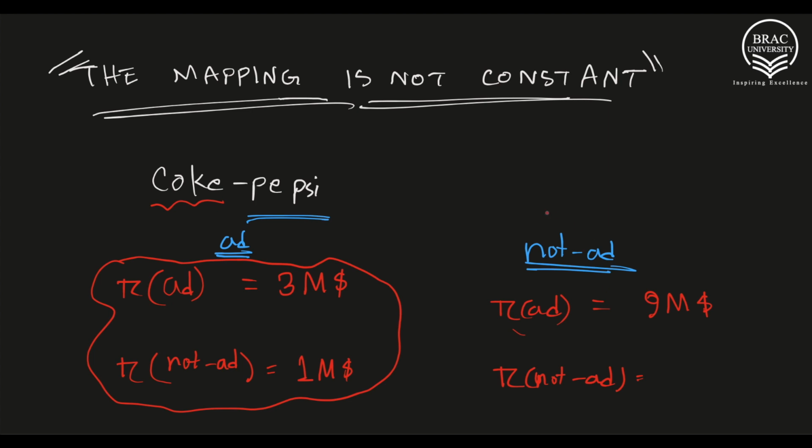And if Pepsi decides not to advertise and Coke also decides not to advertise, the payoff would be $5 million. So you see how the decision of another player changes the payoff function or the mapping.